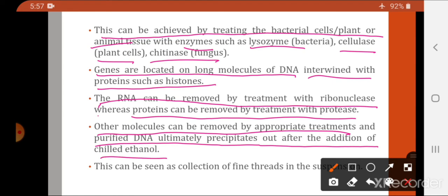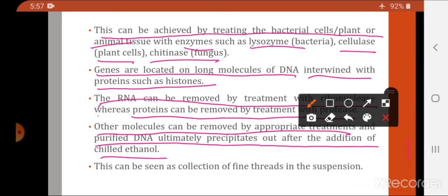Okay, once all the enzymatic treatment is done, finally what do we have to do? We should add the chilled alcohol, and by adding the chilled alcohol we will obtain the precipitates of the DNA.